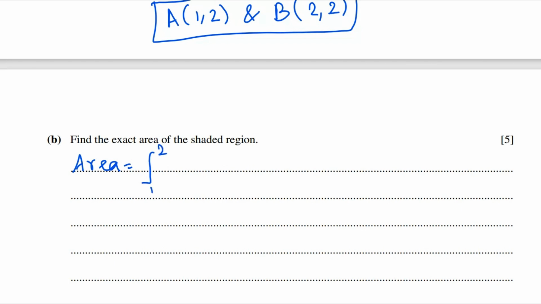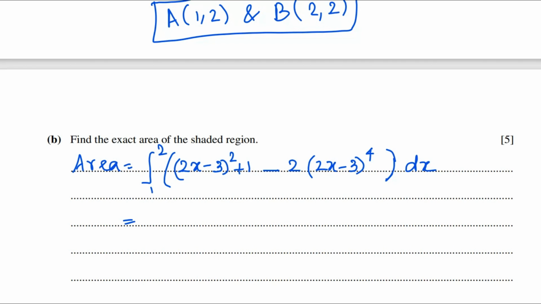The upper curve is (2x minus 3) the whole square plus 1. Okay. From that you subtract the lower curve, which is 2 times (2x minus 3) the whole power 4, times dx.